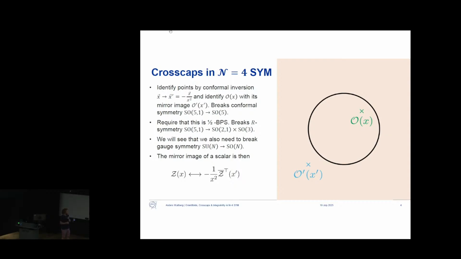And what that tells us concretely is that if you take some scalar Z, this Z prime will not be Z itself. There will be some conformal factor, 1 over x squared. There will be a bar, which comes from this breakdown of R symmetry. And there will be a transposition, which comes from this breakdown of gauge symmetry. Now that looks a little bit puzzling. I'll come back to why this is natural in a second. But let's first see what some of the consequences of this are.